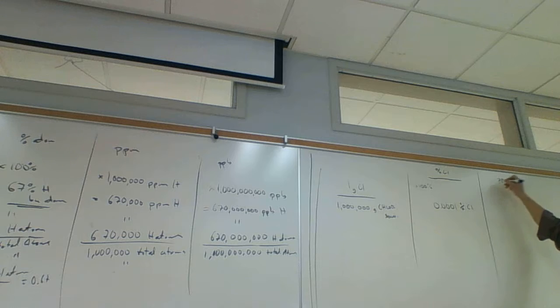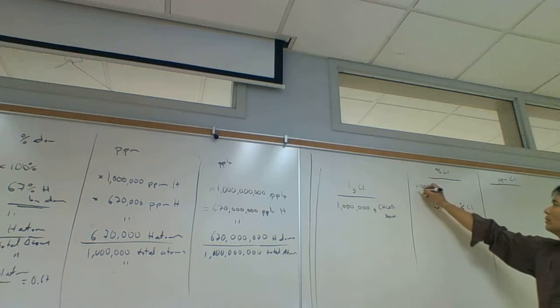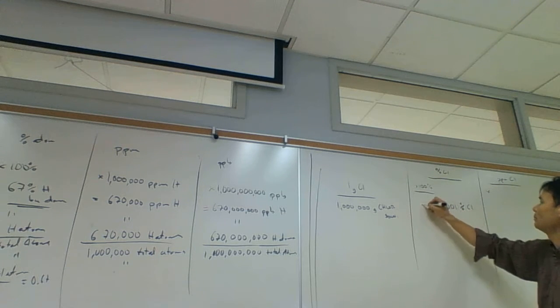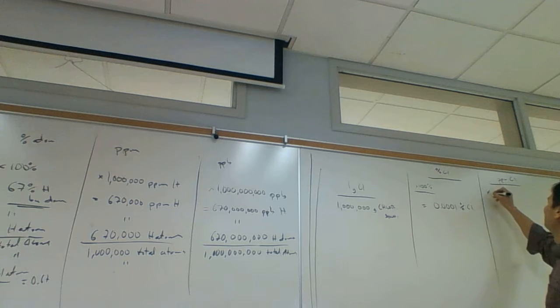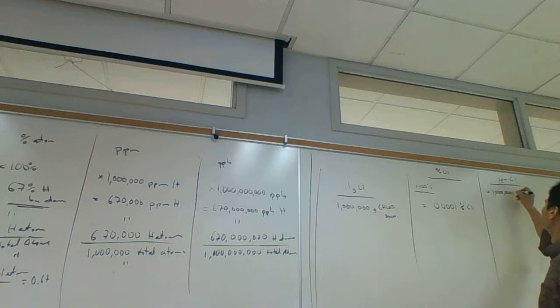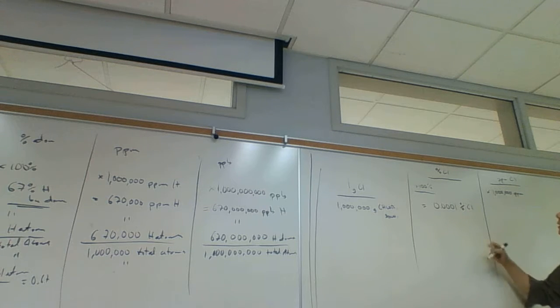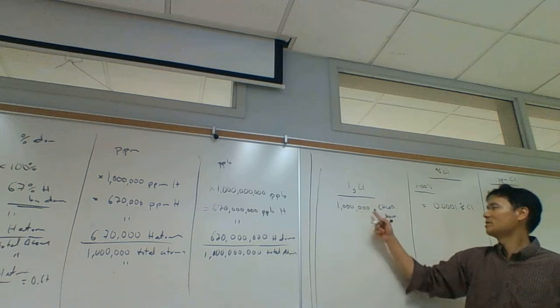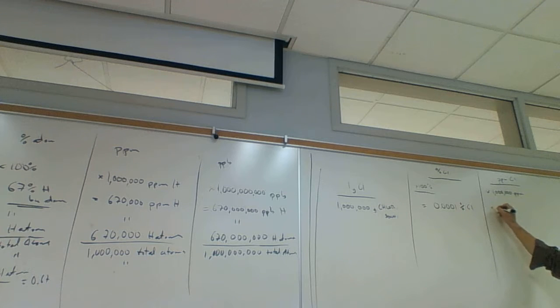Or we'll try ppm chlorine. If we do ppm chlorine, then rather than multiplying by 100%, we're going to multiply it by a million ppm. Then the grams cancel, the million cancels, and we're left with 1 ppm chlorine.